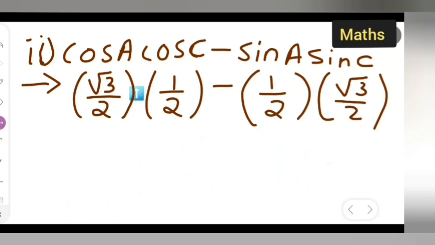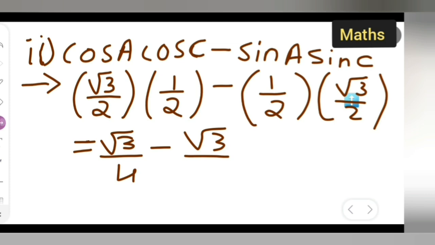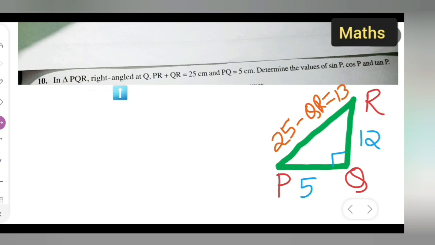So if I multiply, you will get root 3 upon 4 minus root 3 upon 4, which is nothing but 0. So the second part we got is 0 and the first part we got is 1. Okay, so I hope you have understood. Number 10, in triangle PQR. So here the triangle PQR is given to you all, right angled at Q.